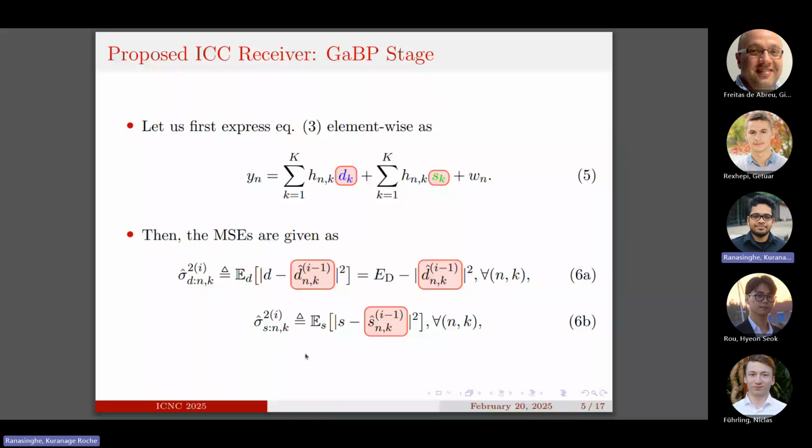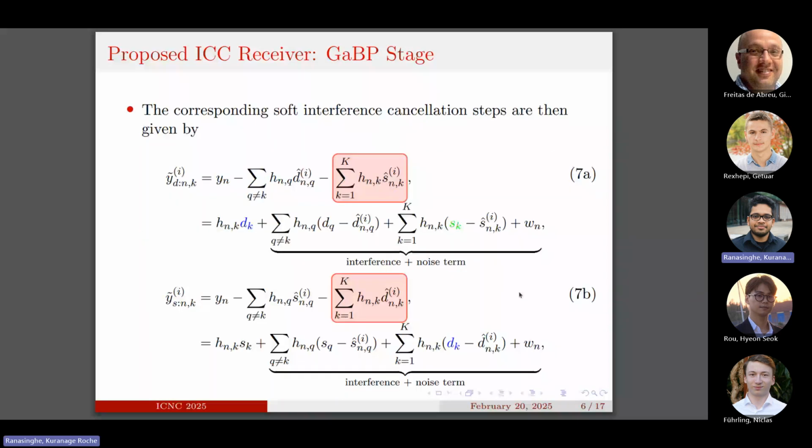Since we are going to be doing belief propagation, we can first start with a soft interference cancellation step, where what's new is this bivariate formulation: when you calculate the soft interference cancelled symbols of the data, you're also going to be removing the effects of the computing signal and vice versa. As you can see, it's shown in red here.